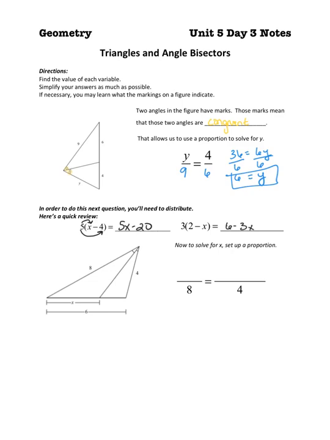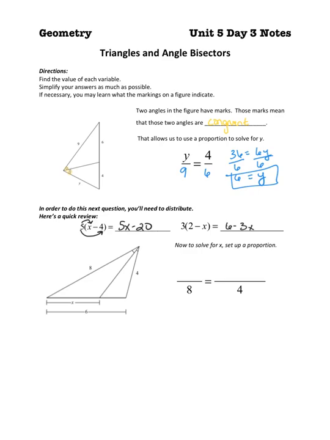All right, so now we're using the same thing. We can use the same concepts, but we're going to have to use some distribution on this one. All right. 8 and 4 are on the bottom. 8 and 4 are each side of the angles.